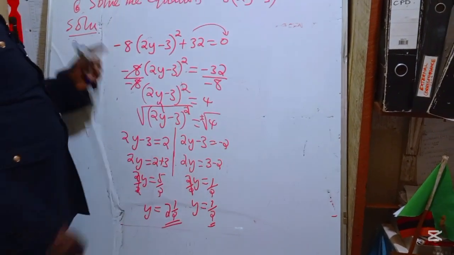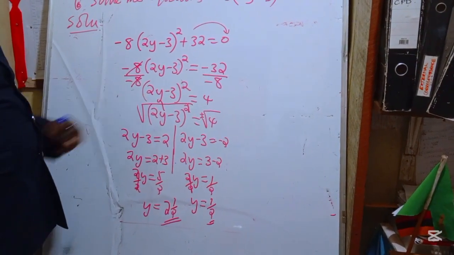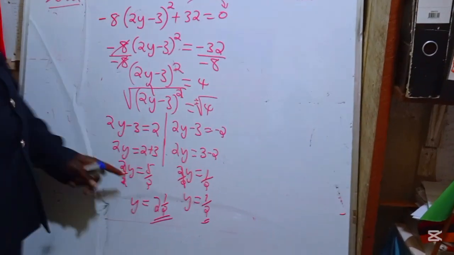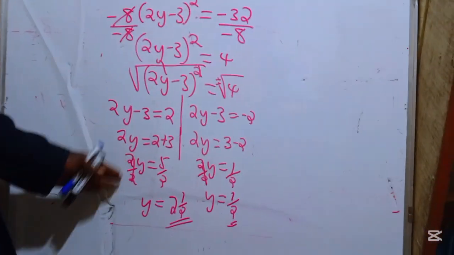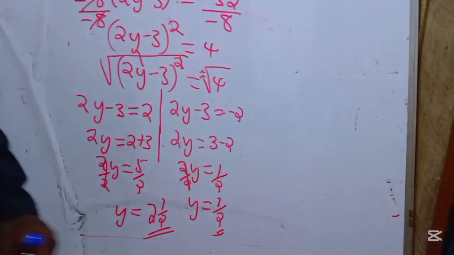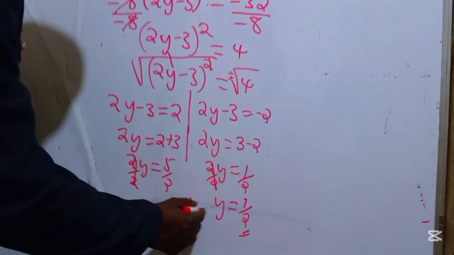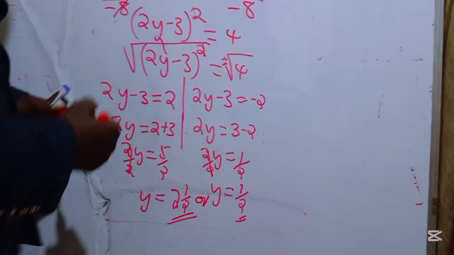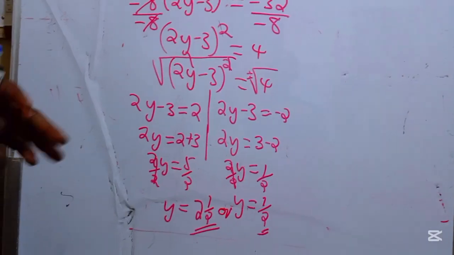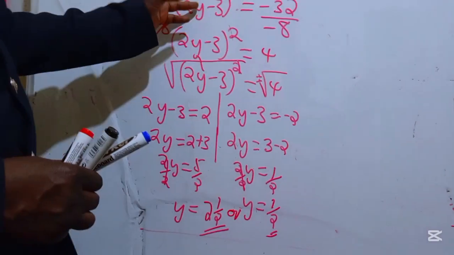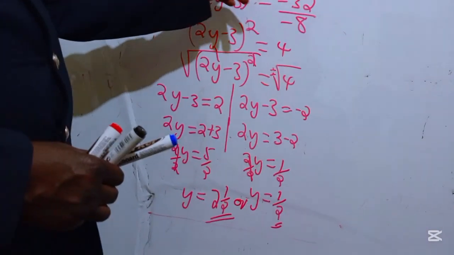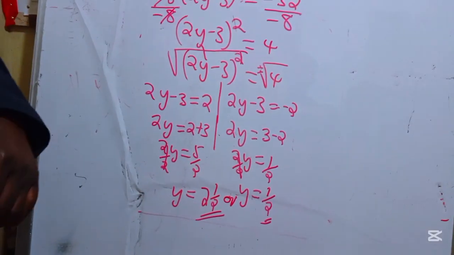Then I divide throughout by negative 8. I remained with this one. Then I introduce the square root. From there, you will follow nicely, systematically. You will find out that these are the two possible answers for your value. So the value of y, you can bring it here using this one. It will fit there.